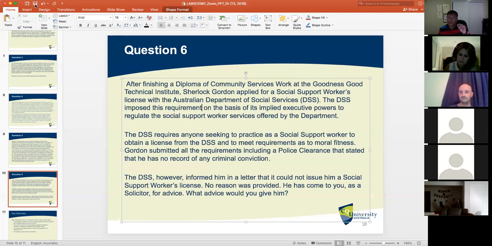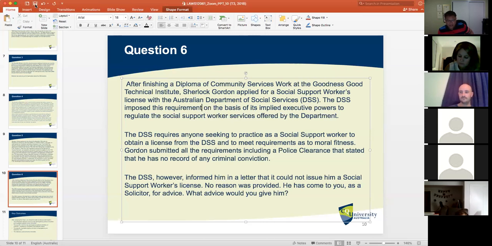And therefore, if Sherlock Gordon is entitled to it as a matter of right, then there is a corresponding duty on the part of the executive, the DSS, to issue it. And in this particular case, the DSS has failed to perform a public duty, which is to grant the license to Sherlock Gordon.